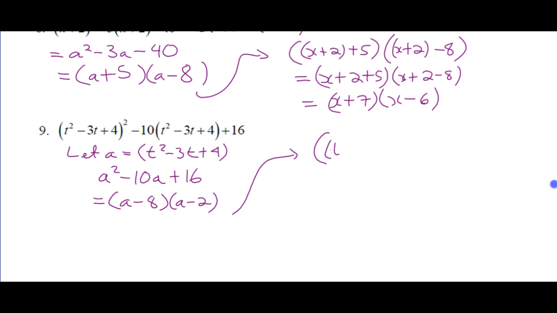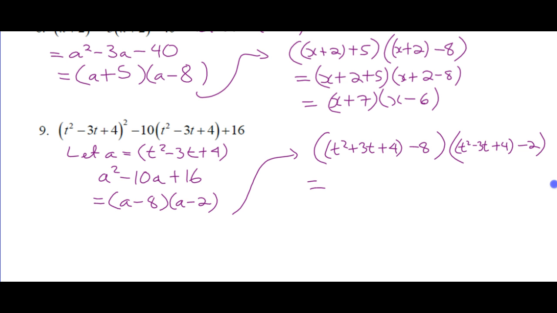Now we go back in, and we replace the a with t squared minus 3t plus 4 minus 8. And we replace the a with t squared minus 3t plus 4 minus 2. Now I'm going to save a line.